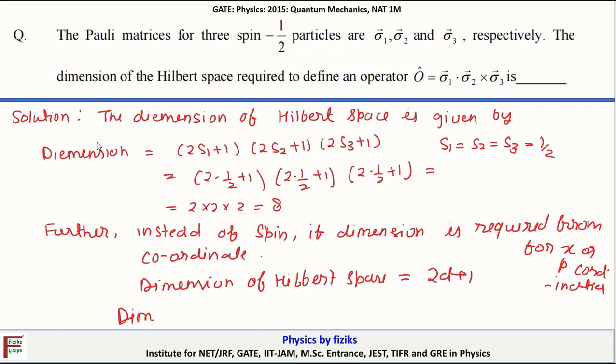For l equal to 1, the dimension would be 2 into 1 plus 1, that is 3. So this is a general relation for the dimension of Hilbert space. In this case, our answer is 8.